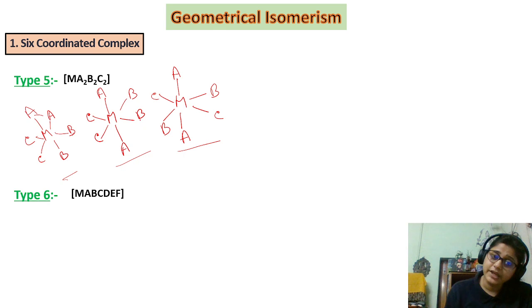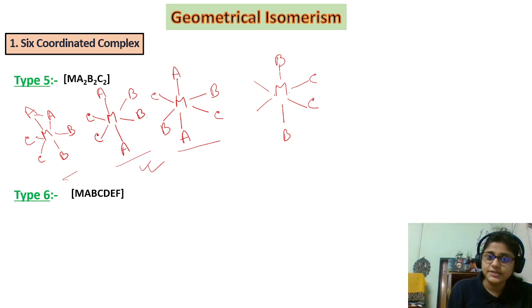In the same way we can take B as trans or C as trans, and the other groups remain cis. Here all trans. So there is only one possibility here, but in this structure there are two other possibilities. How? B and C will be cis, A will be cis, and here another one C will be trans, and A will be cis, B will be cis.